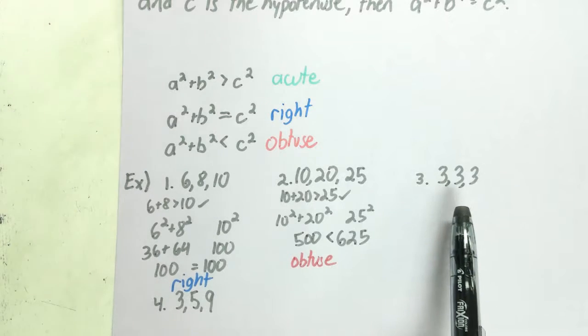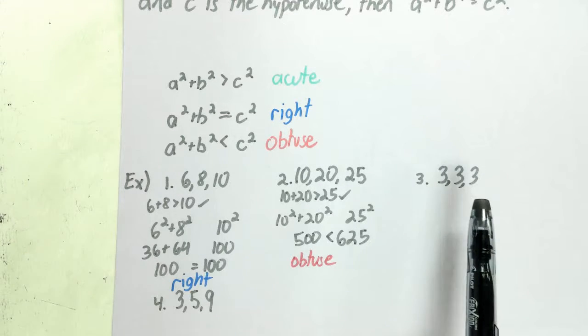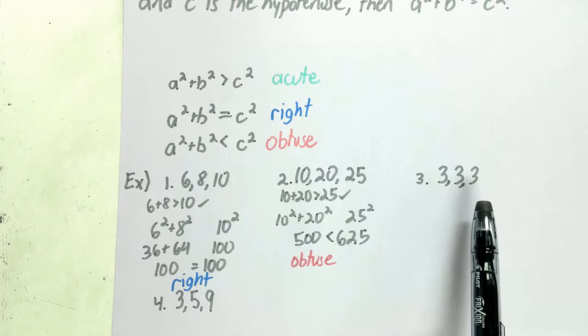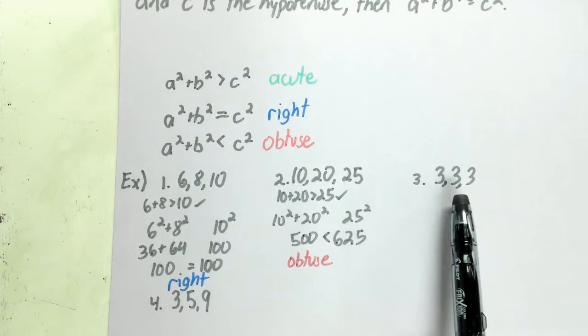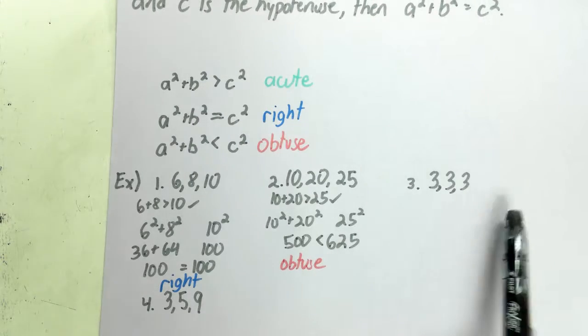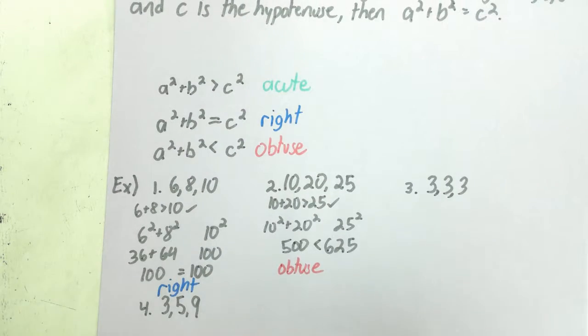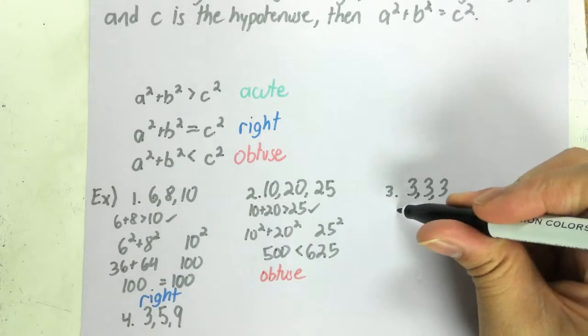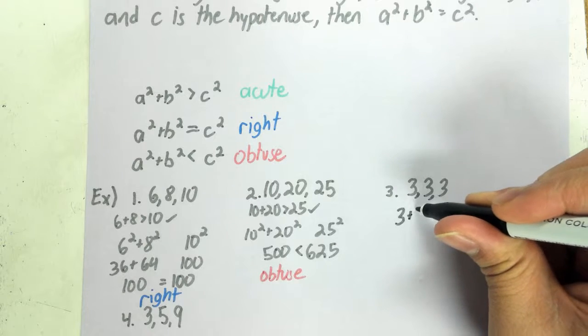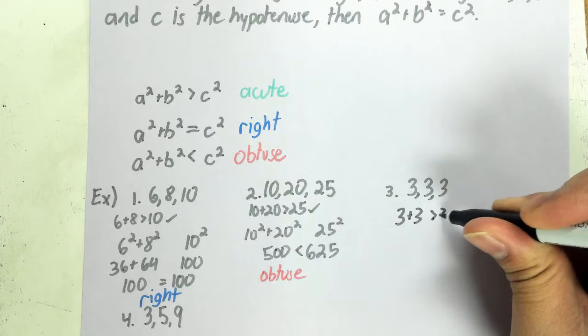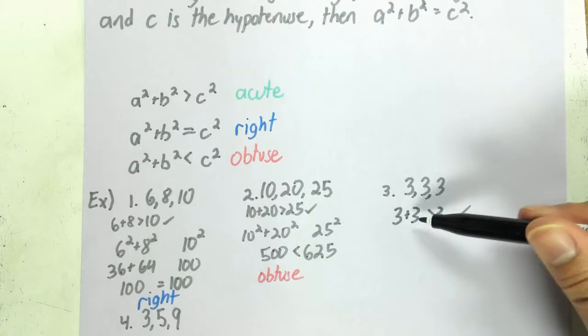Last bit. Now some get confused because they can't identify what's the biggest side. Even though all the numbers are the same, the smallest number is a 3, the middle number is a 3, the biggest number is a 3. Think of it that way. So we're still checking, is 3 plus 3 bigger than 3? Sure is. 6 is bigger than 3.